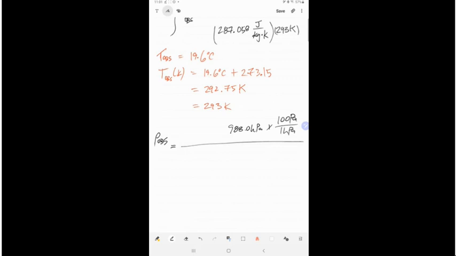So 988.0 hectopascals times 100 pascals per hectopascal divided by, and there's no change in the denominator, 287.058 joules over kilograms times kelvins times 273 Kelvin.